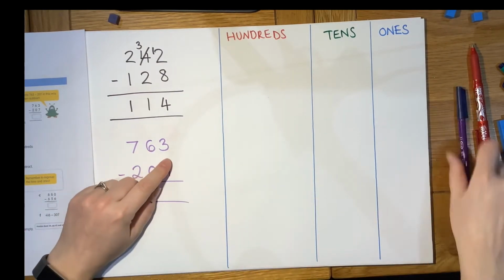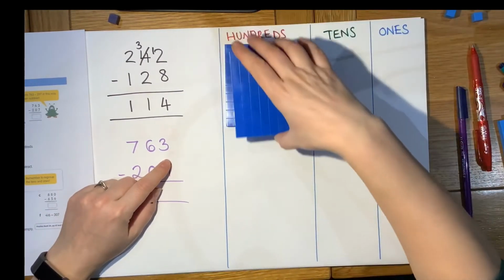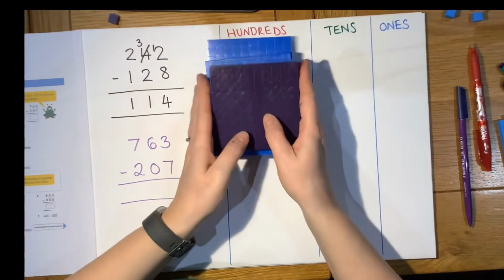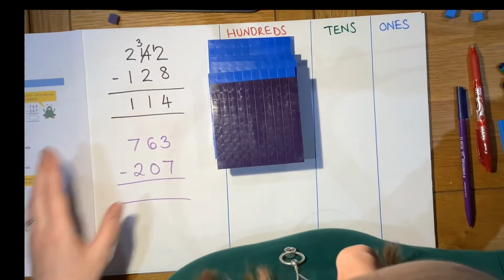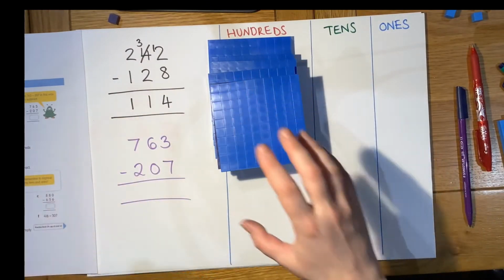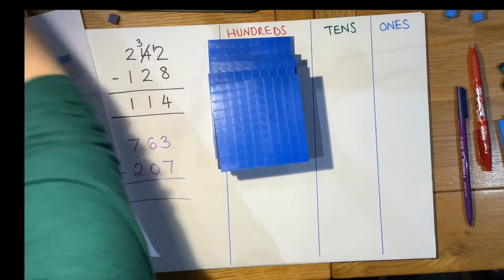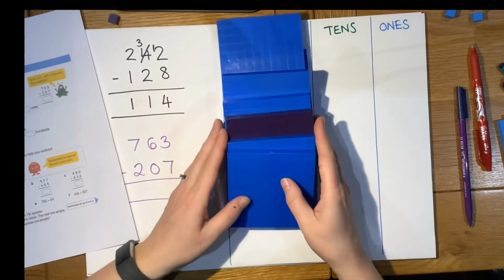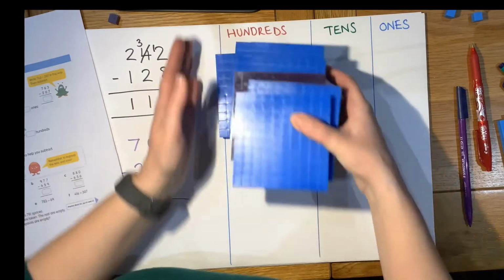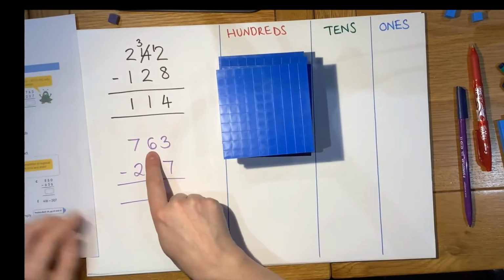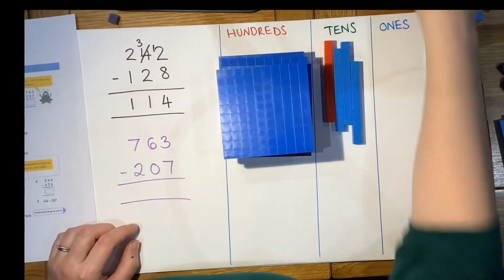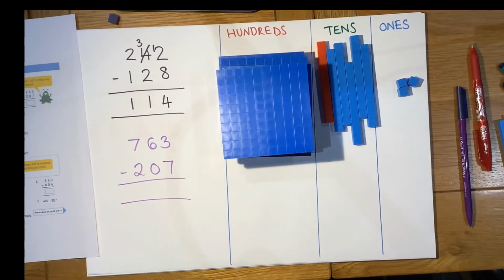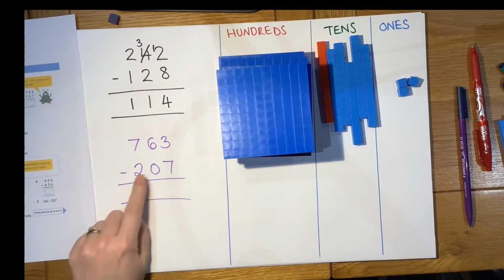So I'm going to build the top number, 700s, 1, 2, 3, 4, 5, 6, 7. Okay, there's my 700s. It's very difficult to put them all there, but I've counted them out and there are 7. 6 tens, 1, 2, 3, 4, 5 and 6, and 3 ones. Okay, so now I need to take away 207.